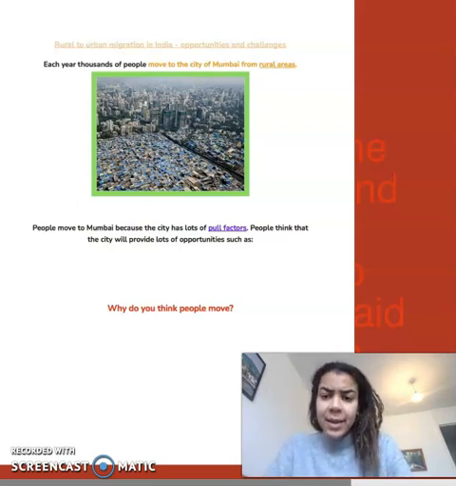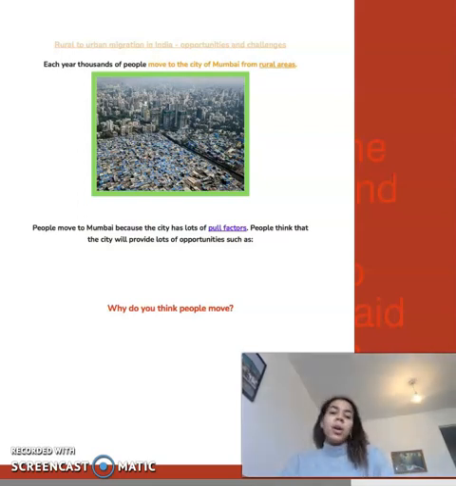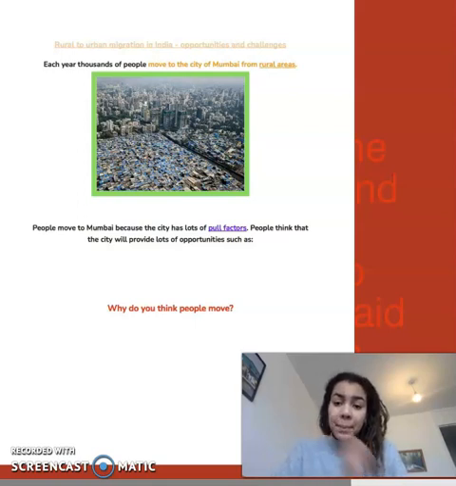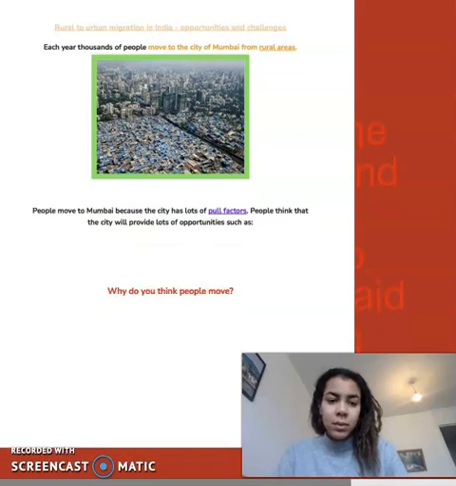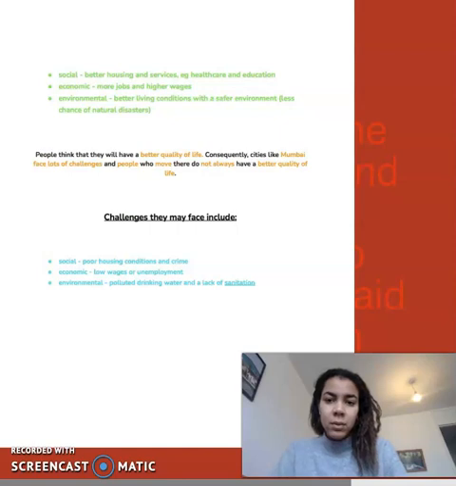People move to the city because it has a lot of pull factors. So people think that the city will provide them with a lot of opportunities. I want you guys to think of some possible opportunities that a city like Mumbai might offer people coming from rural areas. Here we have some examples.